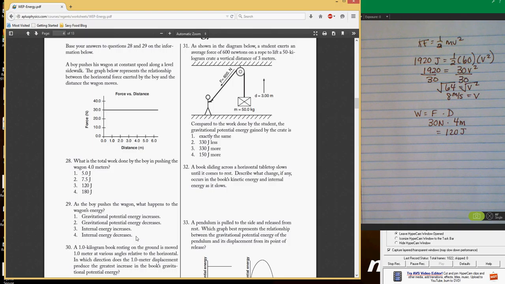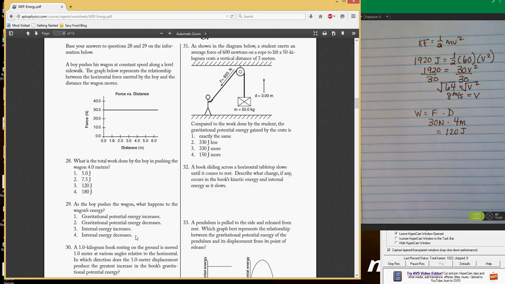Internal energy, as the boy pushes the wagon, cannot decrease, because that means you're gaining the amount of energy based on motion combined with it. Because of the kinetic energy, which is also going to be considered internal energy, you're gaining it, which means that the internal energy is going to increase.